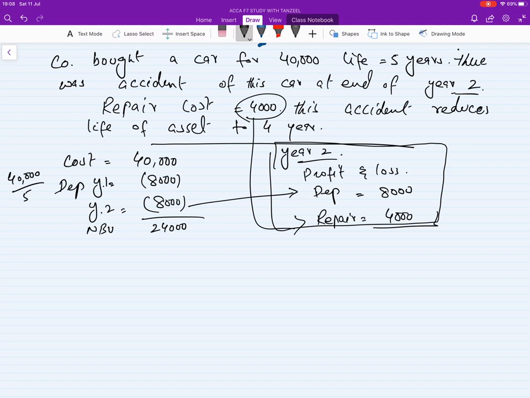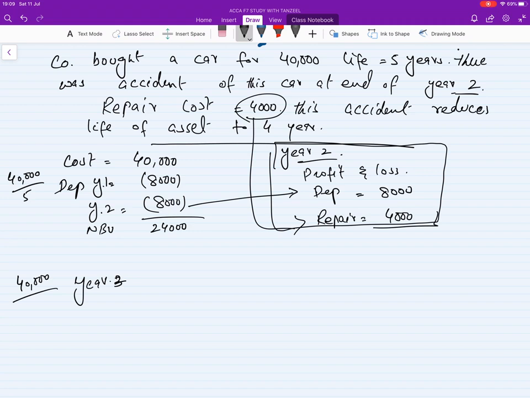Now year 3 came in. The total cost was 40,000 before.